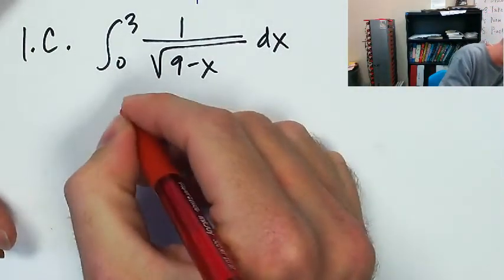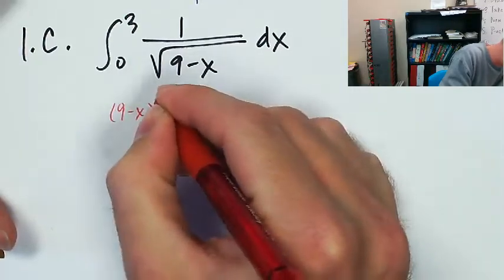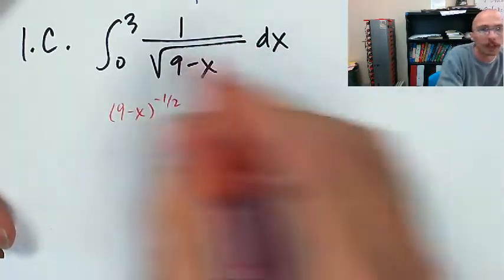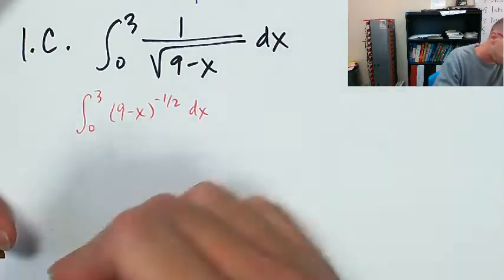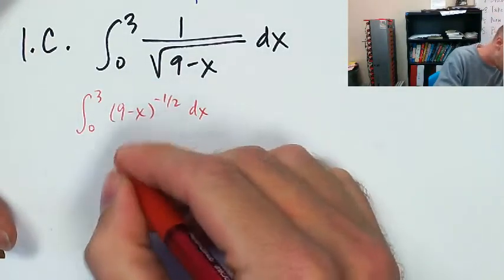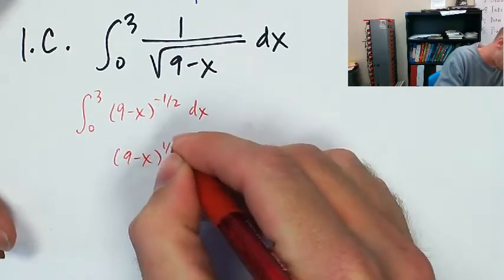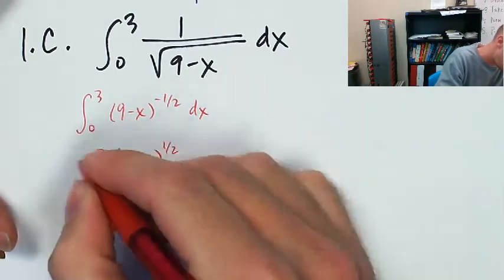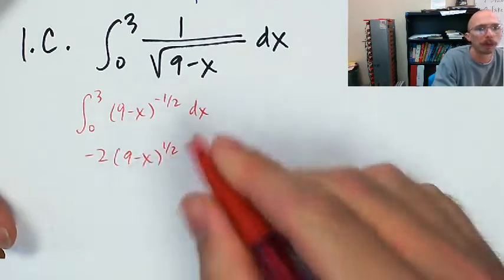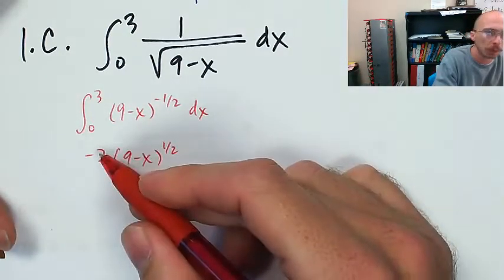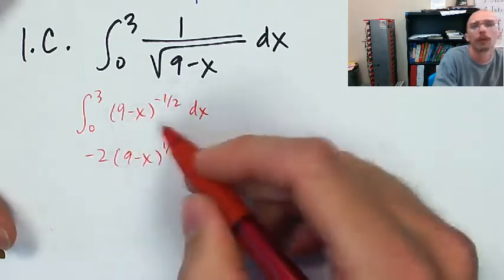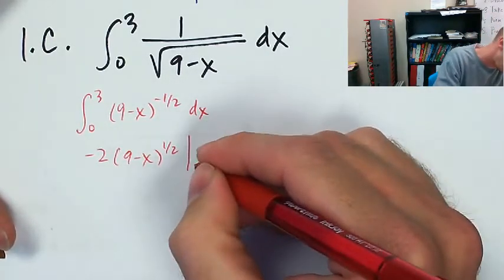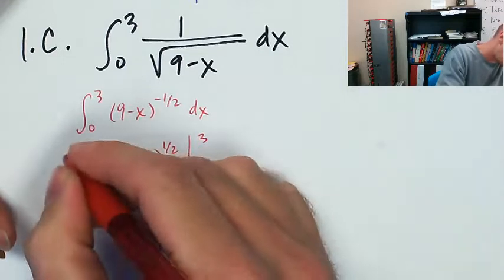So I'm going to say this is 9 minus x to the -1/2 power, negative because it's in the denominator, and integrating from 0 to 3. I'm going to add 1 to the power, divide by the new power, and then divide by -1 to prepare for the chain rule. So -1 times 9 minus x to the -1/2 power times -1 for the chain rule gives me back my integrand. Okay, I've got a valid antiderivative.